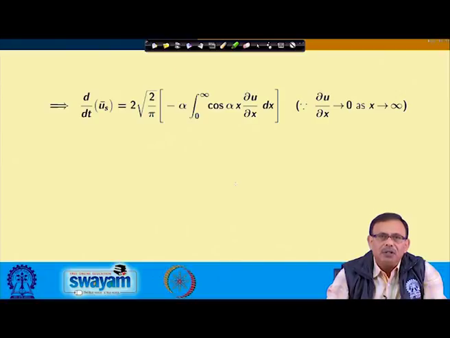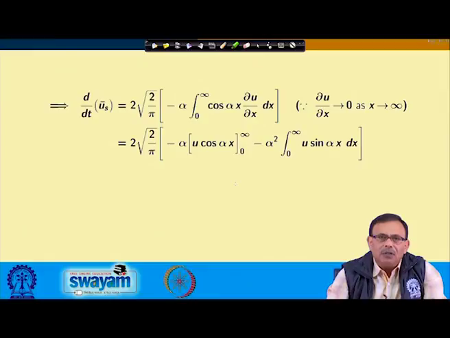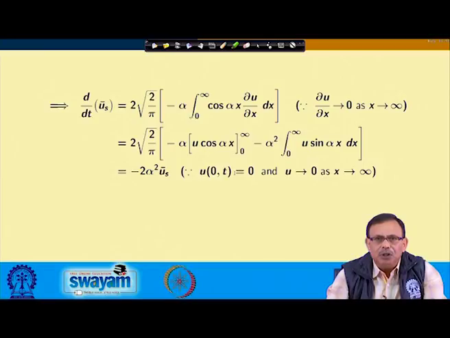So, I have written this integral, and again if you evaluate it using integration by parts, I will obtain this one, and again the limiting value of the first term will vanish, as we know u 0 t equals 0, so that at x equals 0 it becomes 0, and u approaches 0 as x approaches infinity. Therefore, the first term vanishes, and for the second term the integral is nothing but u bar s.